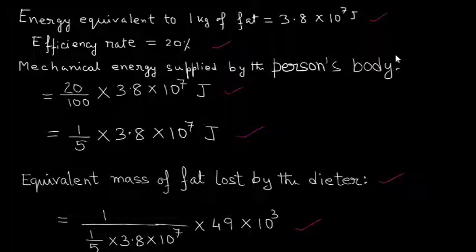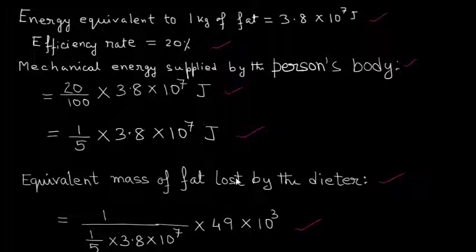Energy equivalent to 1 kg of fat is equal to 3.8 multiplied by 10 to the power 7 joule. Efficiency rate is equal to 20%. Mechanical energy supplied by the person's body, that is 20%, that is 20 upon 100 multiplied by 3.8 multiplied by 10 to the power 7 joule, is equal to 1 upon 5 multiplied by 3.8 multiplied by 10 to the power 7 joule.